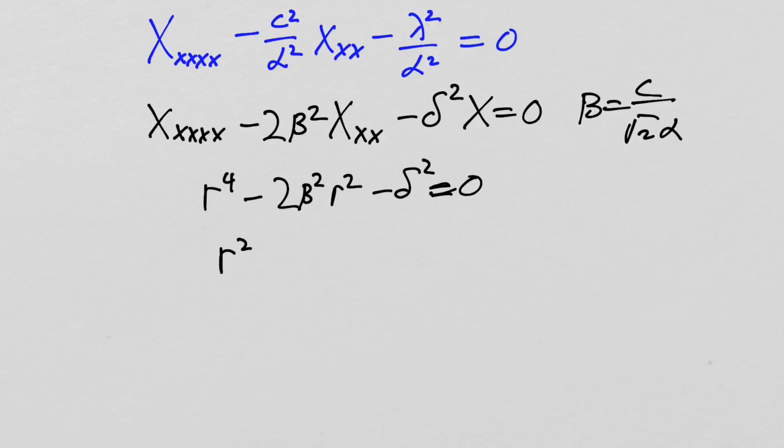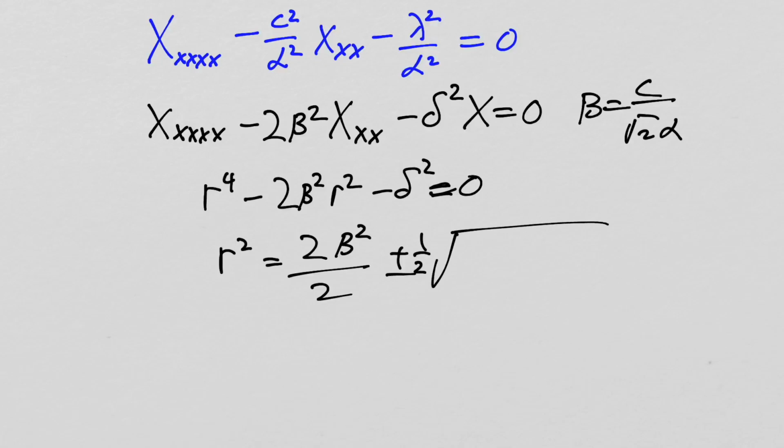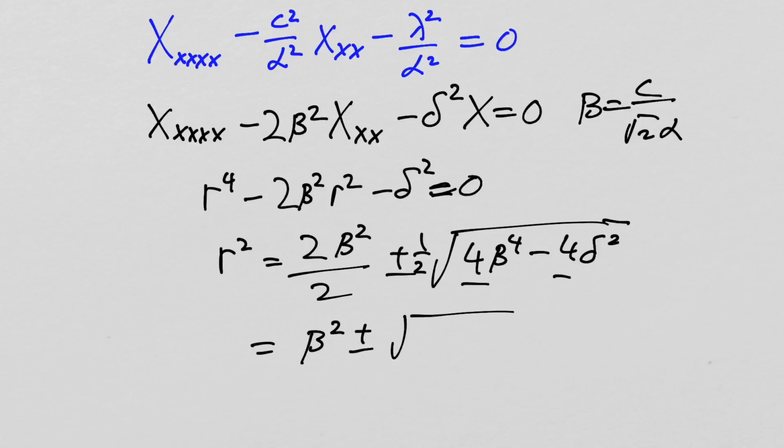And so we get r squared equals 2 beta squared over 2 plus or minus the square root of, I think it's 1/2 times 4 beta to the 4th minus 4 delta squared. Now you can see why we chose all of these things. This equals beta squared plus or minus, these 4's come out, cancel with the 2, and you get square root of beta to the 4th minus delta squared. Is that right?